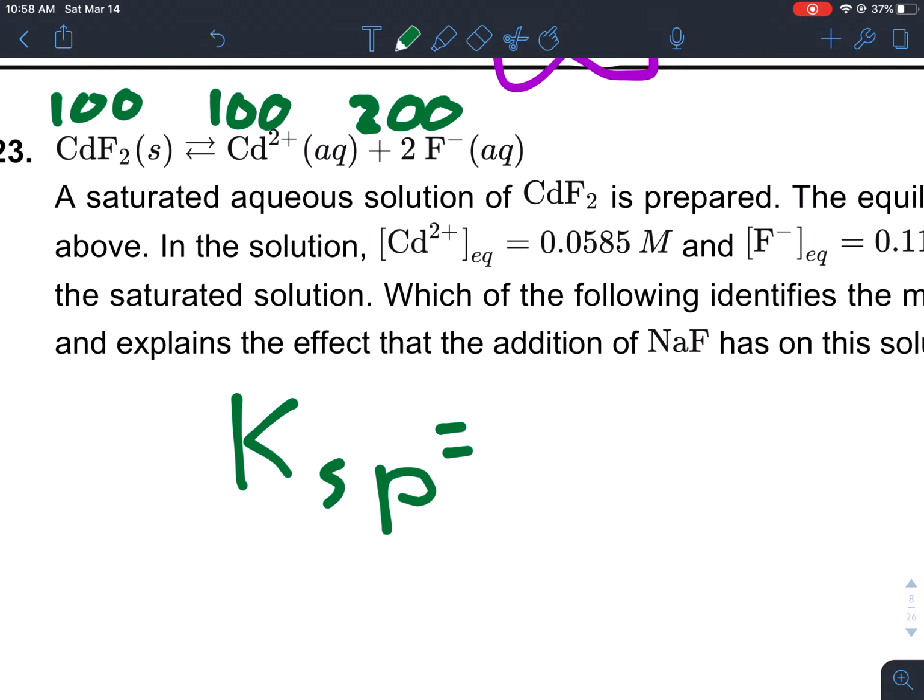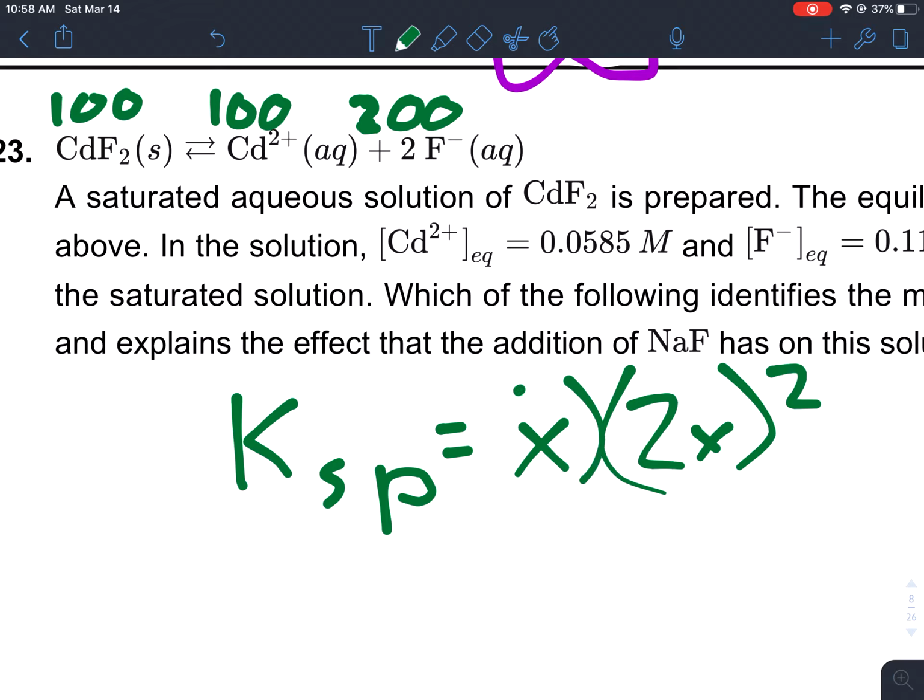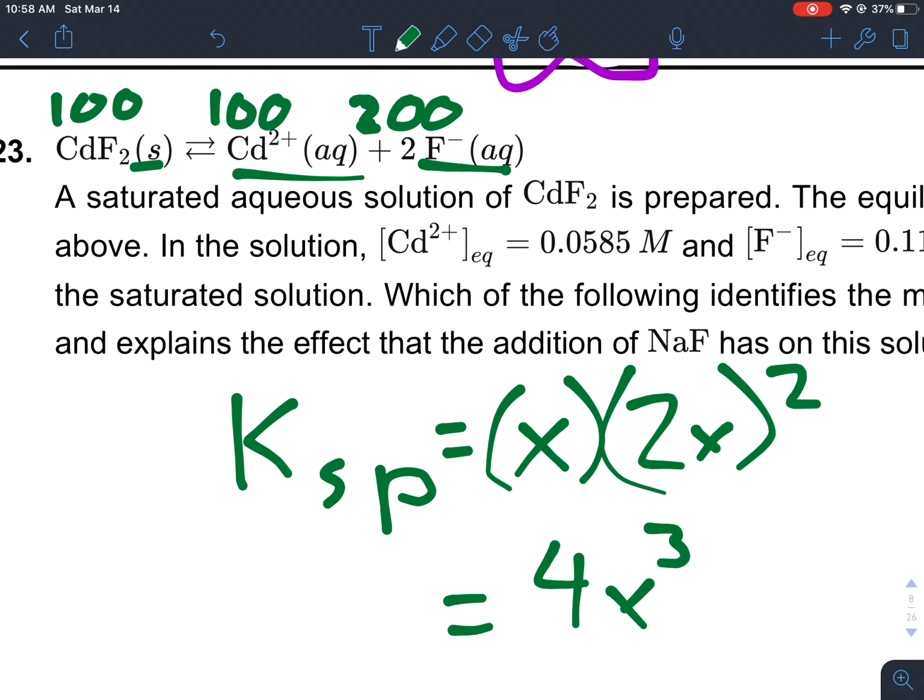So you would have not just x and 2x, but you would have 2x squared because KSP is going to be products, aqueous and aqueous, but no reactant because that's a solid. So there's no denominator in KSPs. So this would eventually turn out to be 4x cubed, and we've seen that one time before.